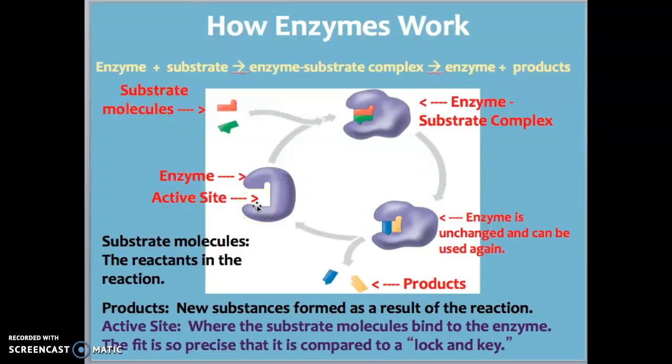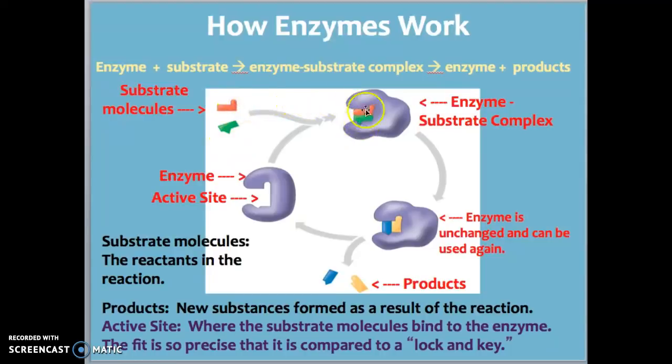It's a specially designed pocket where only a certain shape of key will fit into it. And so it's designed specifically with those keys in mind. And chemically, we call those keys that fit into it the substrate molecules. So the substrates would be the reactants in the chemical reaction.